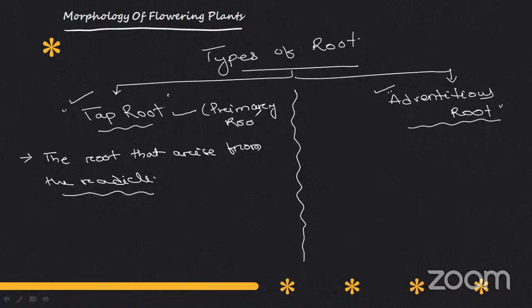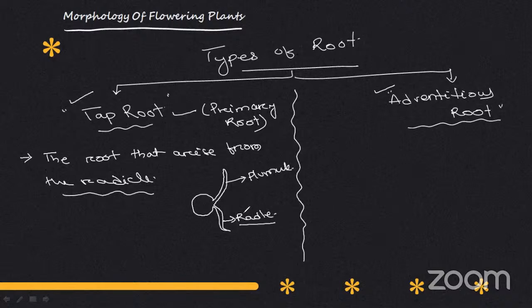As you know, in the last class we discussed seed germination. In that seed germination, when we put a seed in soil, what will happen? There will be formation of 2 parts from that seed. One part is called your plumule, and another part is called your radicle.